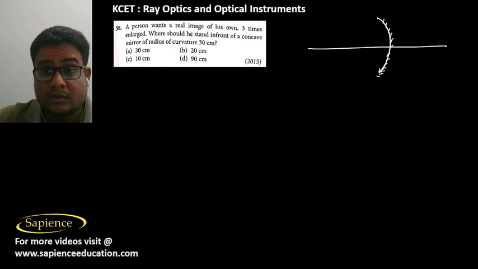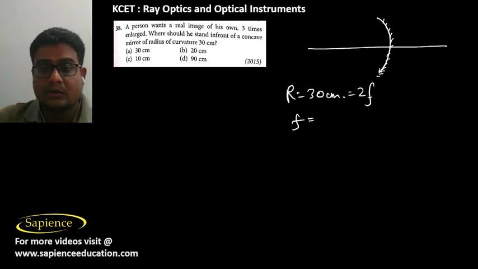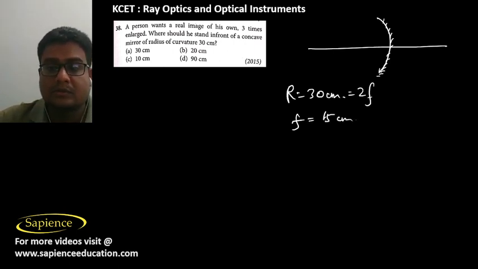The radius of curvature is 30 centimeter, so that is equal to 2f, twice the focal length. So the focal length is 15 centimeter.